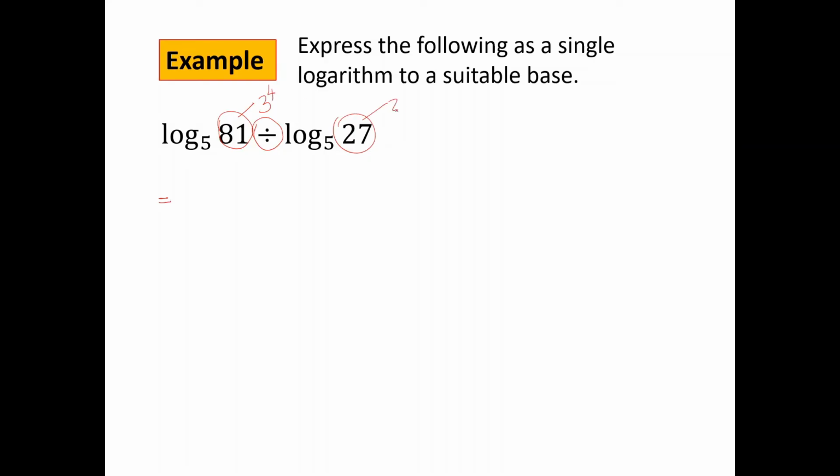And 27 is 3 to the power of 3. So now we decide to use base 3. Okay, so everything we change to base 3. Log base 3 81 over log base 3 5 divided by log base 3 27 over log base 3 5.